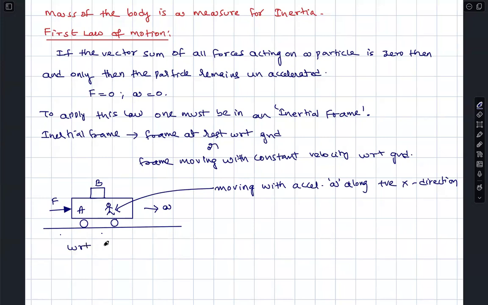Right. Now, what if I observe B with respect to A? With respect to observer A, when he observes B, what happens? He finds that B will experience an acceleration A backwards. This is what we have seen in relative motion.